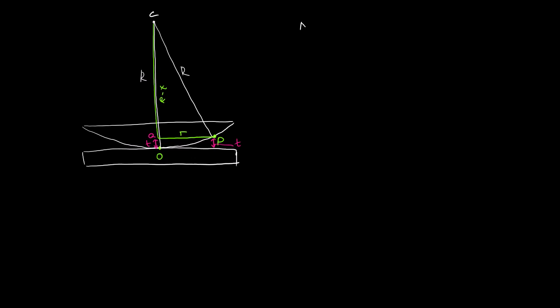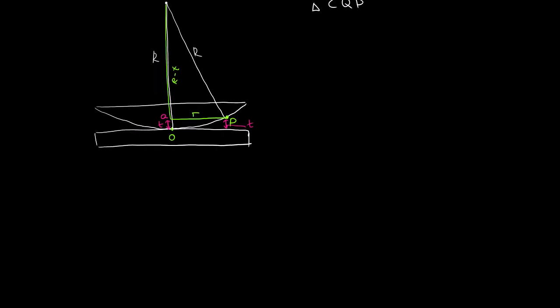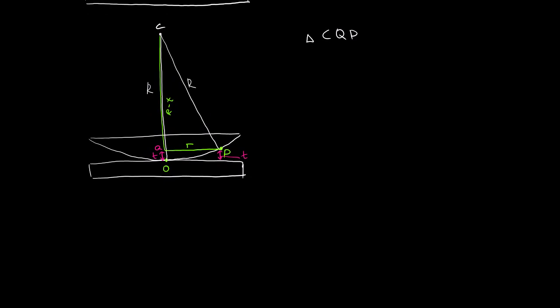If we take a look at the triangle C, Q, and P, then the Pythagorean theorem gives us R squared equals little r squared plus (R minus t) squared.